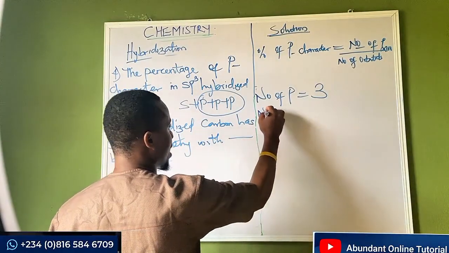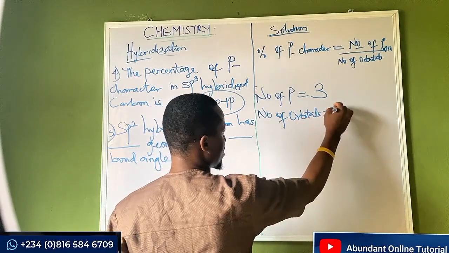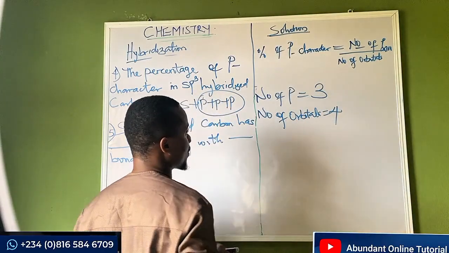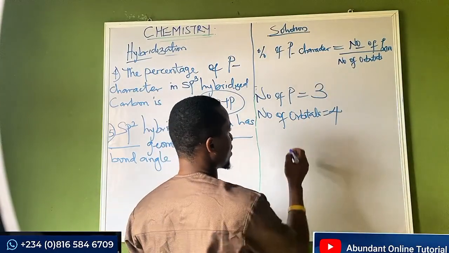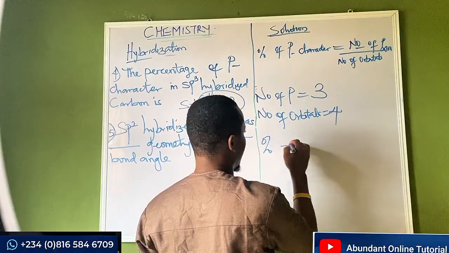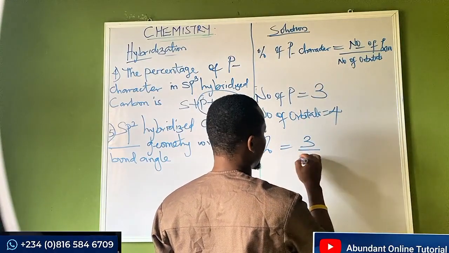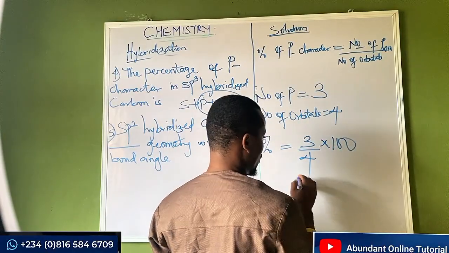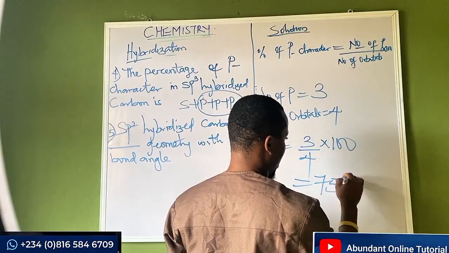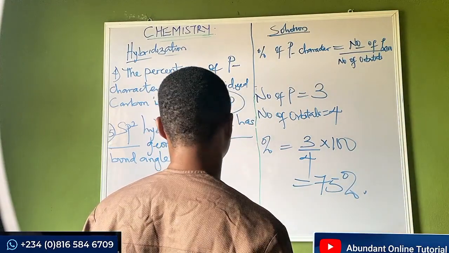So my number of orbitals in sp3 is equal to 4. So my percentage of P character will now be the number of P, 3, all over 4, times 100, which is 75%. So that is that.